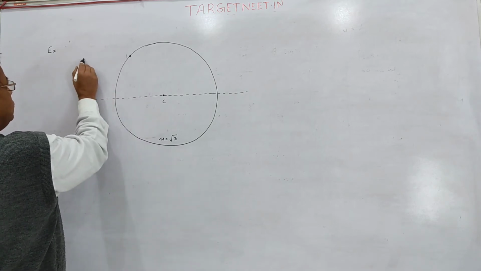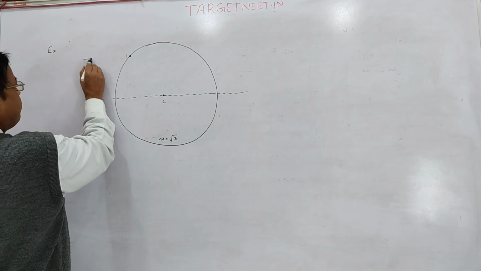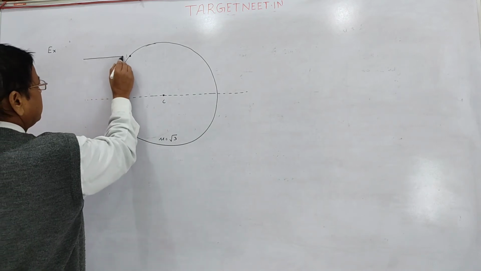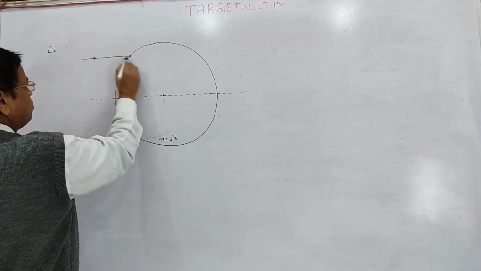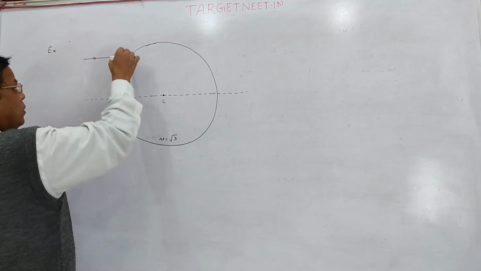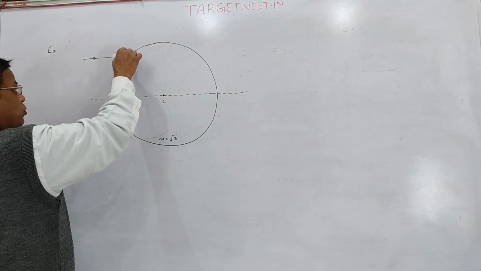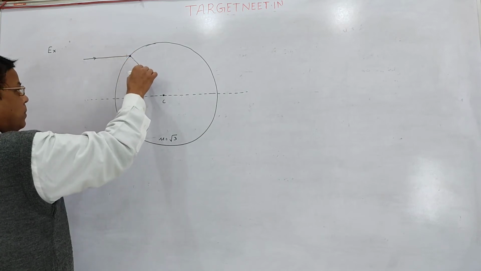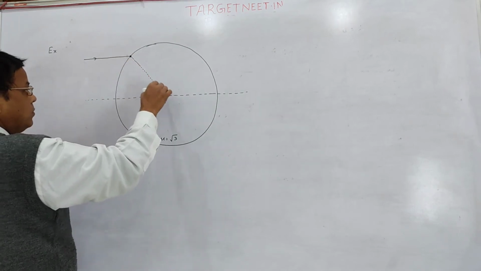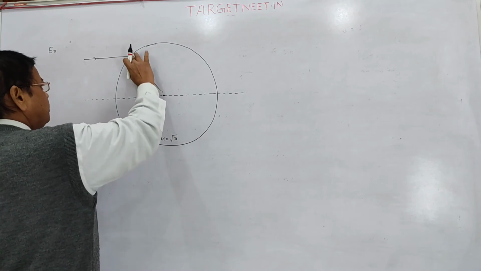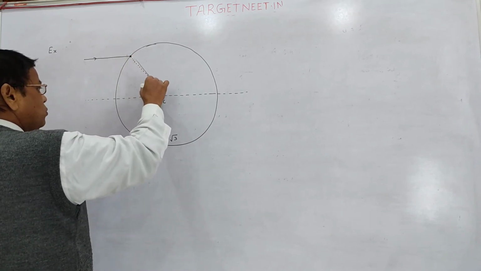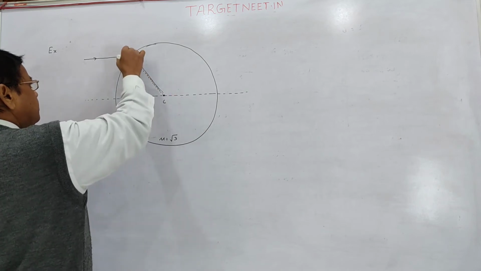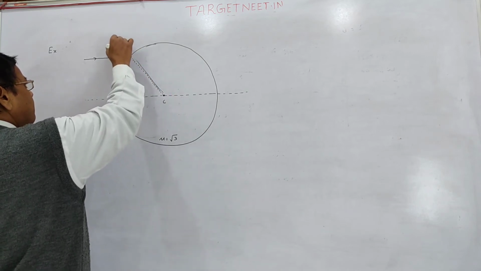Suppose an incident ray strikes the sphere at this point. If you connect this point with the center, this will be the normal.